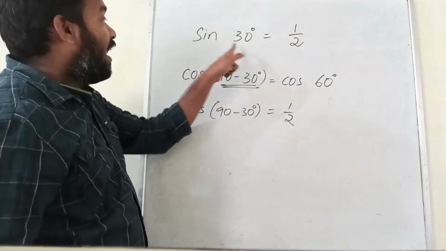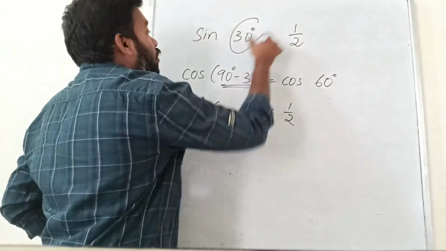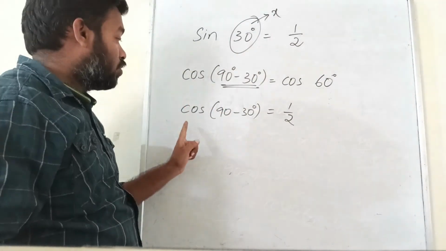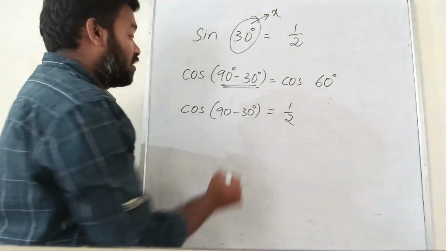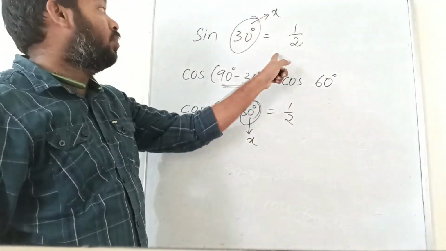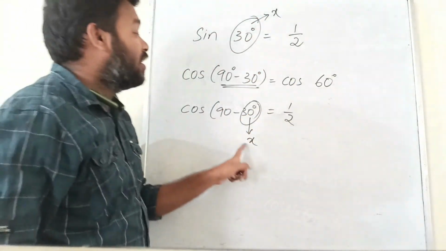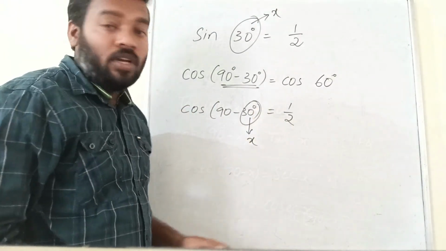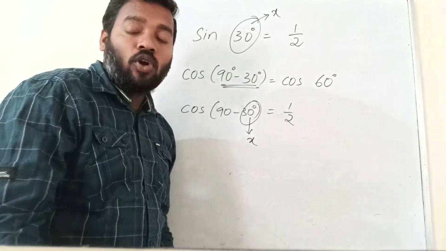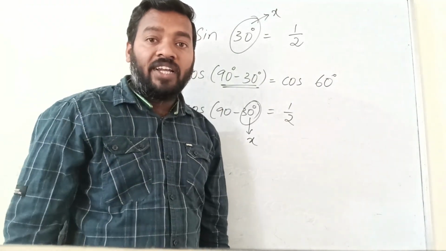Here for sin x, in place of x I have taken 30. Sin x is equal to cos 90 minus x. Sin x is 1 by 2 here, and cos 90 minus x is 1 by 2. So this is how we determine the trigonometric ratios for complementary angles.